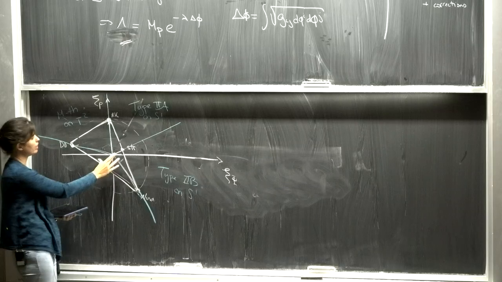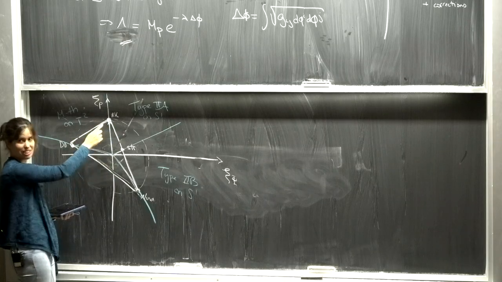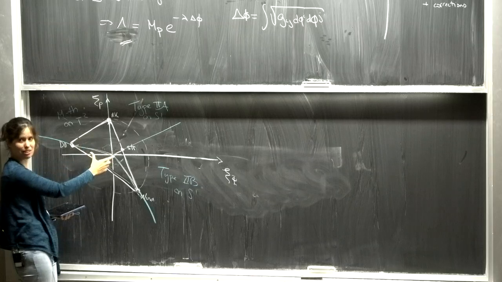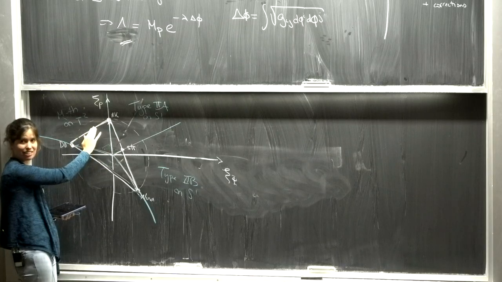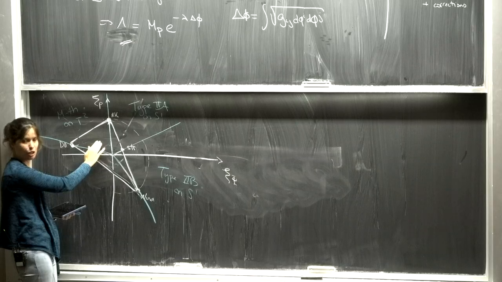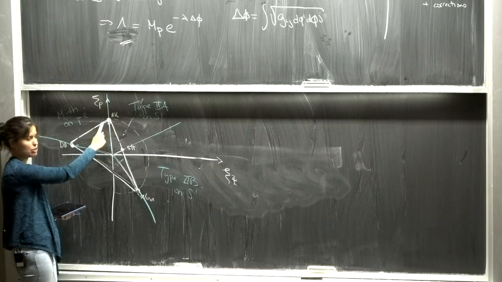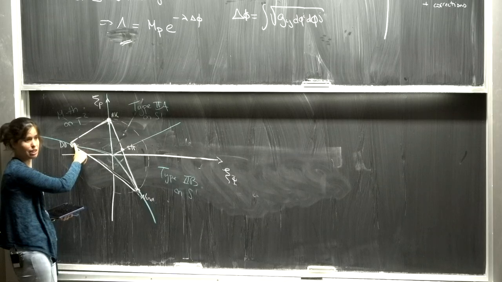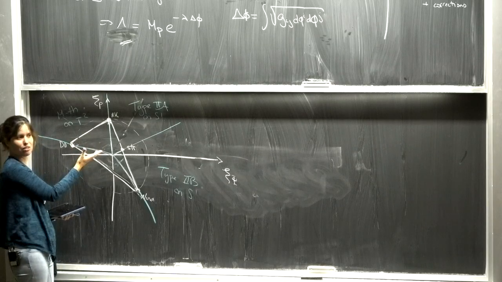Because of the value of these exponential rates, the length of these vectors, I need to go to a theory that does not contain strings, because here there's no string tower, but has 2 dimensions more, because this is decompactifying 1 dimension, and this is decompactifying another dimension. So it's a theory in 11 dimensions.